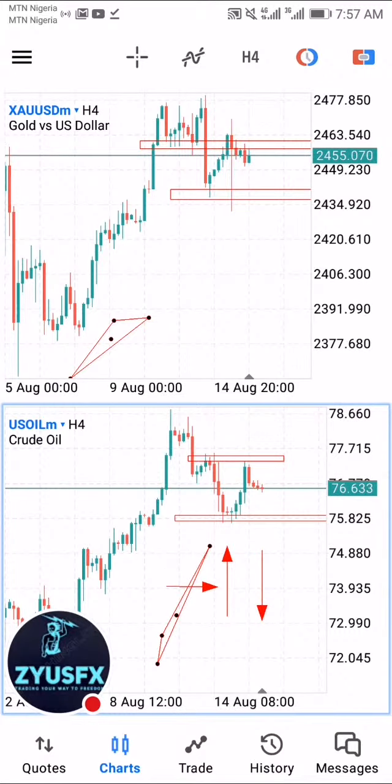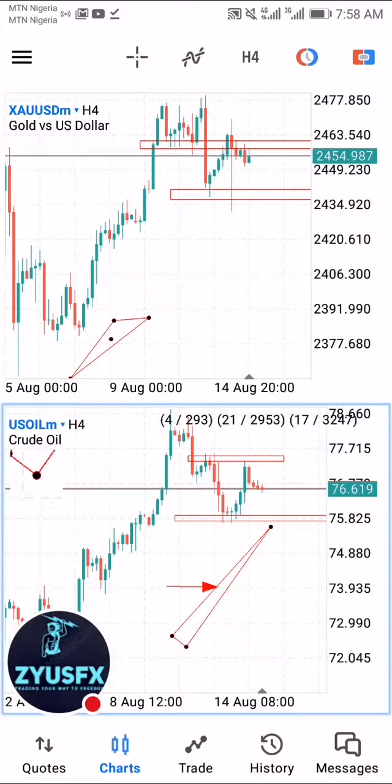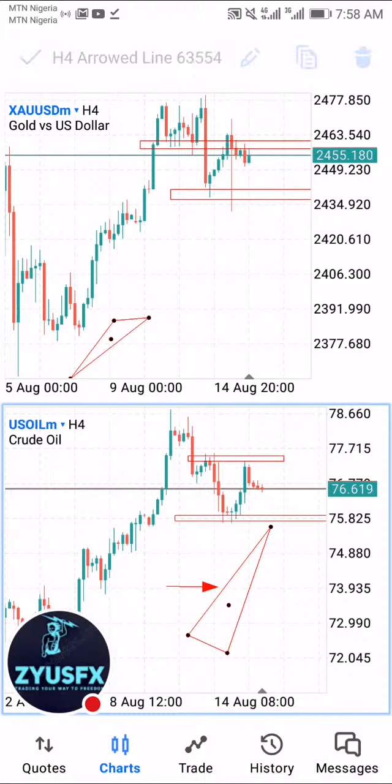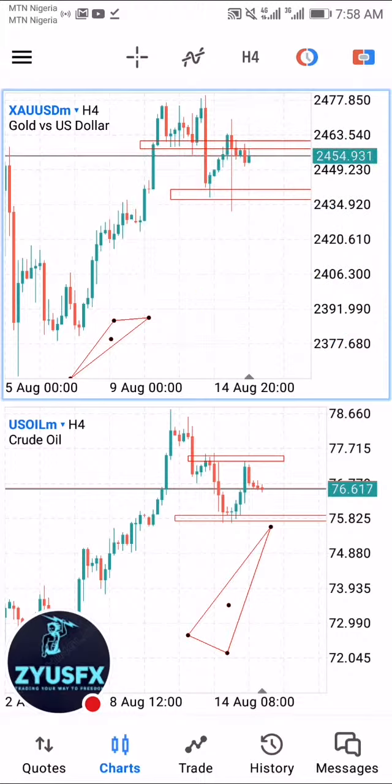And then we planned our trade, and we are sticking to the plan right now. We are waiting for our plan to play out. If it does, we are going to get a trade. But if it doesn't, we are going to walk away and wait for another opportunity later.